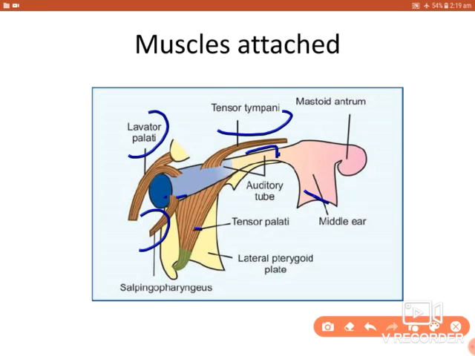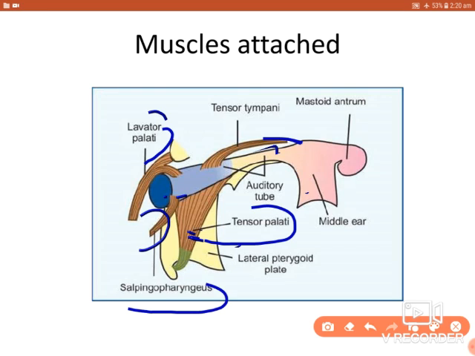To the lateral lamina, the fibrous part, the tensor veli palatini is attached. Tensor tympani is the muscle of the middle ear. Levator veli palatini and tensor veli palatini are muscles of the soft palate. Salpingopharyngeus is a muscle of the pharynx.